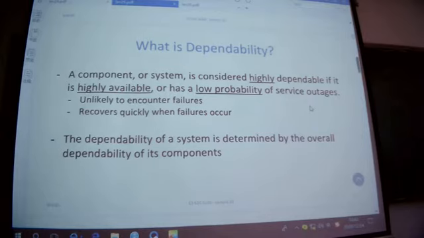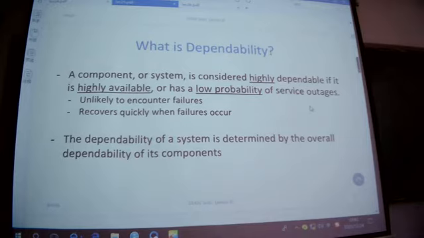A system has several components, and every component has its own architecture. So the dependability of a system is very important.